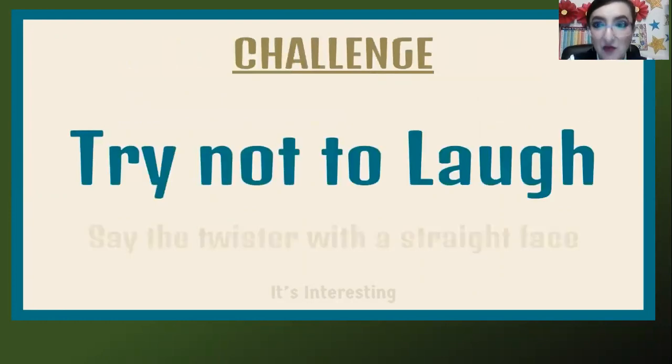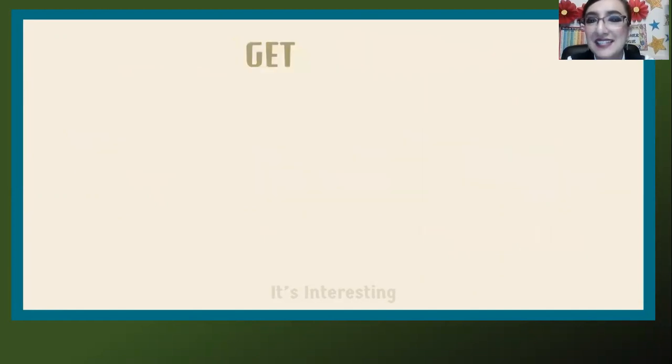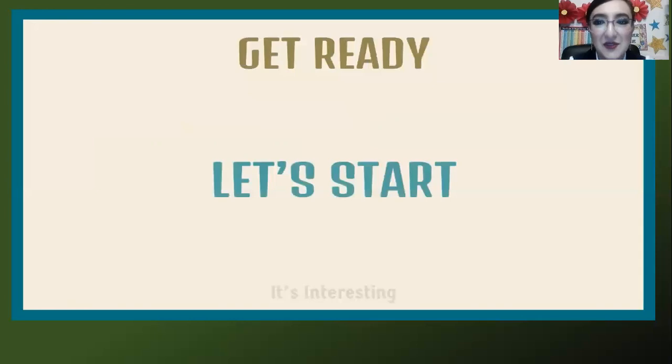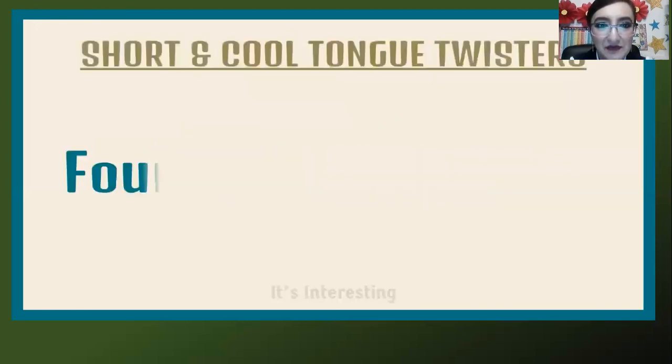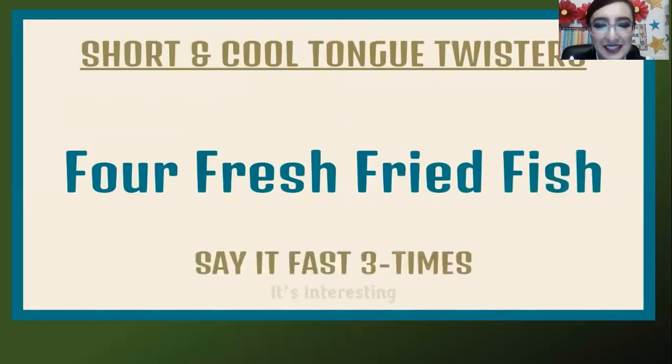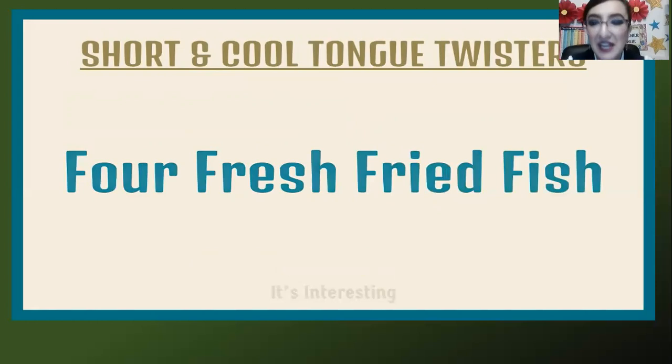Okay, ready? Let's practice pronunciation. 1, 2, 3, go. Four fresh fried fish. How can you pronounce it? You need to say it fast 3 times. Four fresh fried fish.